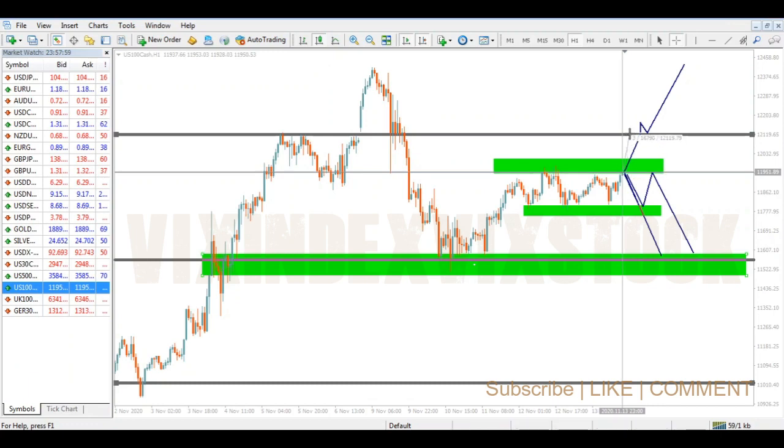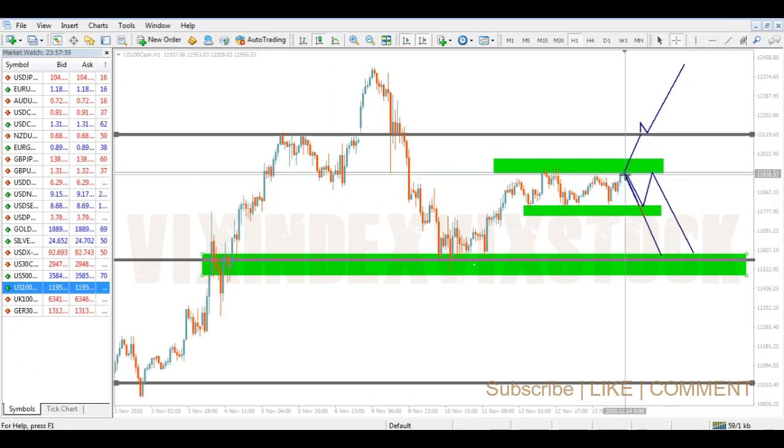Between this level and that level, we have got nearly 1680 pips.